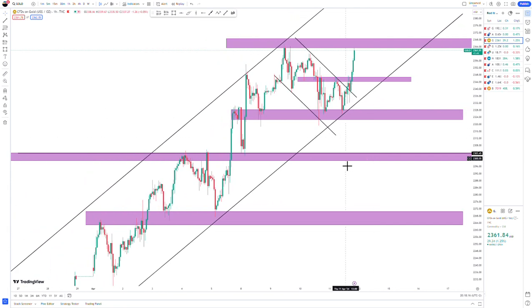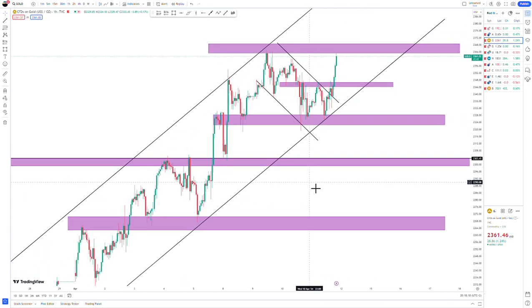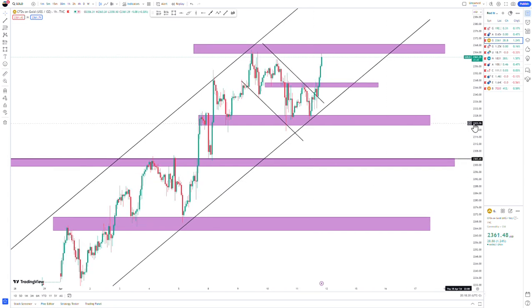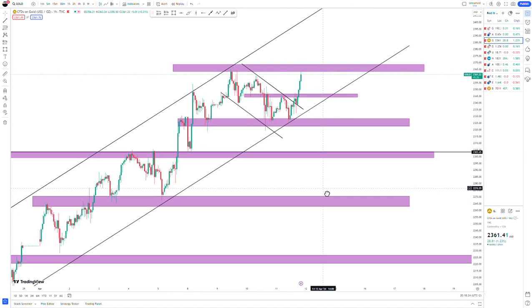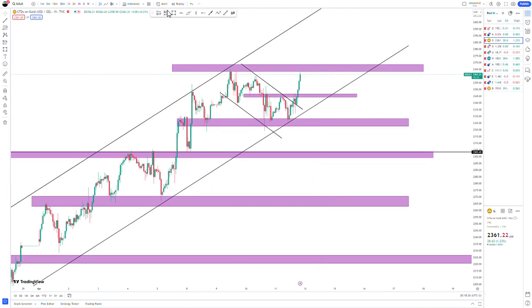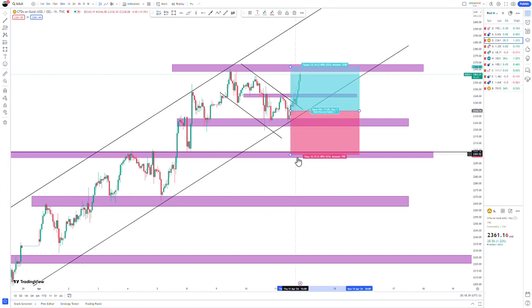Now we're just gonna wait and see what the market is gonna do once it gets to this level. Already, this is where we were gonna catch our buys, at this low, and go all the way up there.